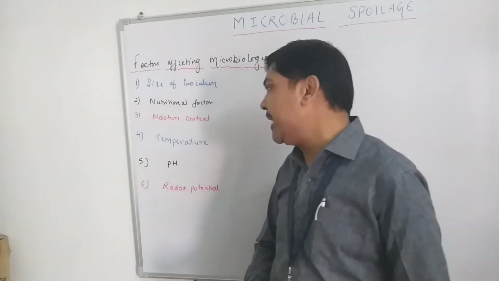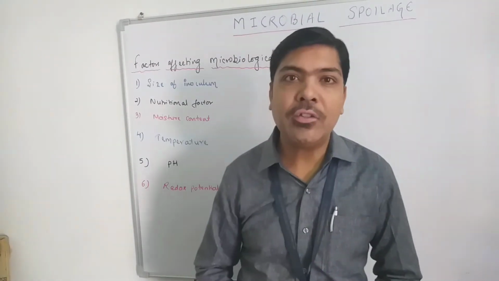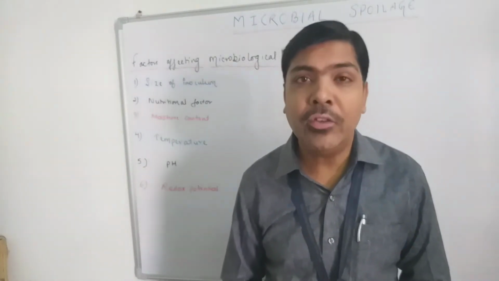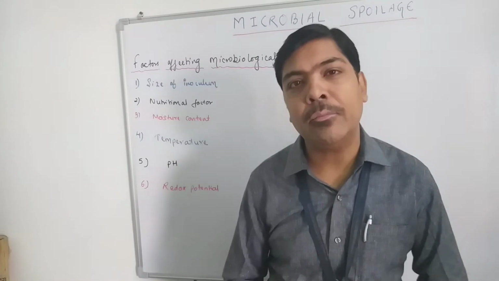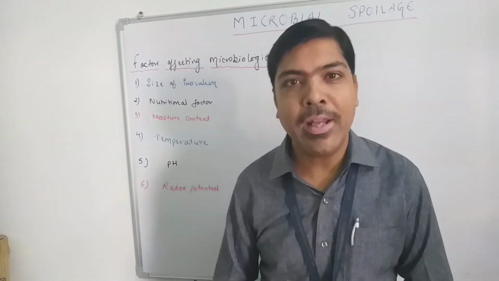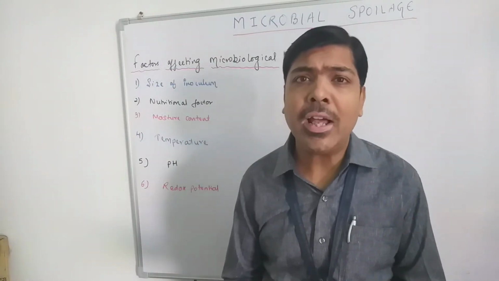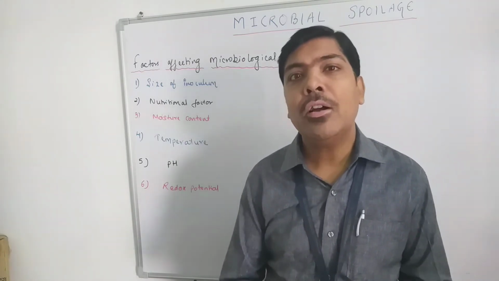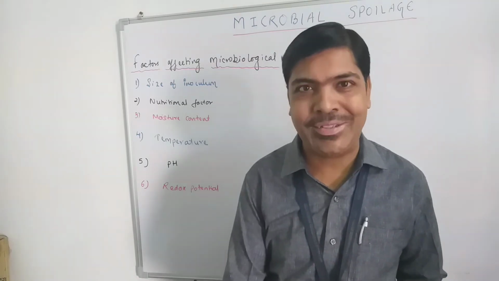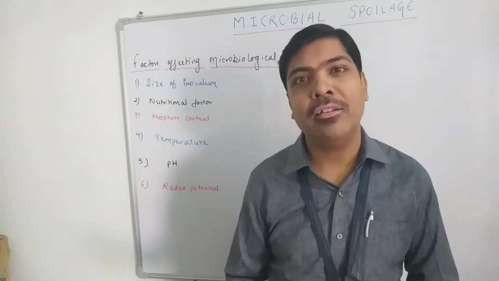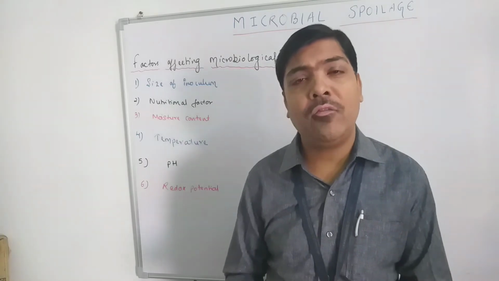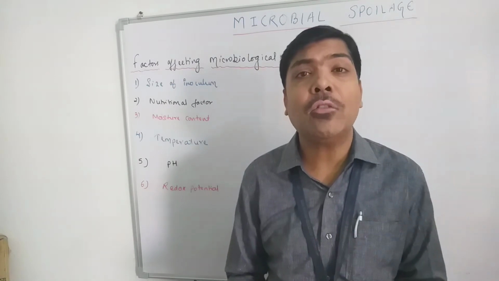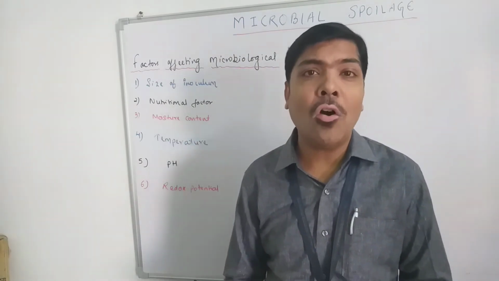Now the next factor is the temperature. Temperature also plays a very important role in the growth of microorganisms. We know that various microorganisms grow at different optimum temperatures. So again, if it is written on the pharmaceutical preparation that it has to be kept in a cool temperature or in a cool place, that indication is there because if we put that preparation in cool conditions, many categories of spoiling microorganisms may not grow.